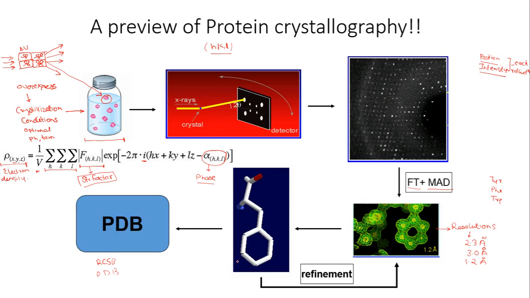My sole objective of this video is to make you appreciate that it is the model that you would be analyzing, and this model is generated based on experimental data, in the form of electron density maps, which are obtained from X-ray crystals. So this is how things work in X-ray crystallography.